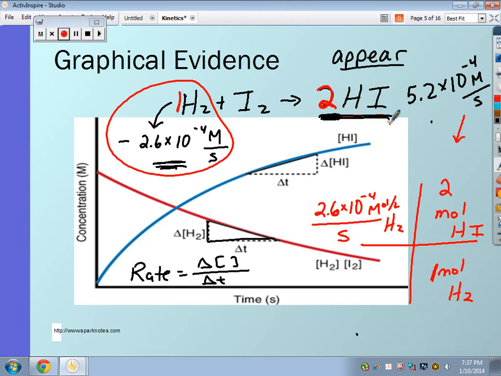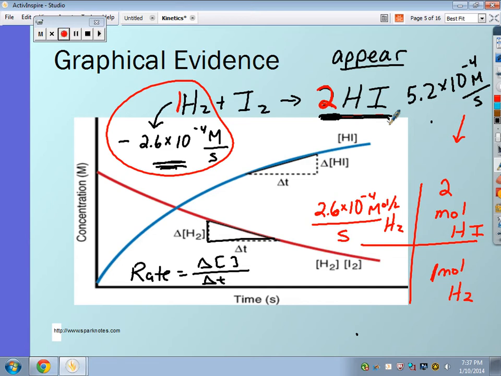So you could use words to describe this. You could say, since hydrogen gas is disappearing at a rate of 2.6 times 10 to the negative 4th molarity per second, and the molar ratio between hydrogen and hydrogen iodide is a 1 to 2 ratio, then hydrogen iodide is appearing twice as fast as hydrogen is disappearing.